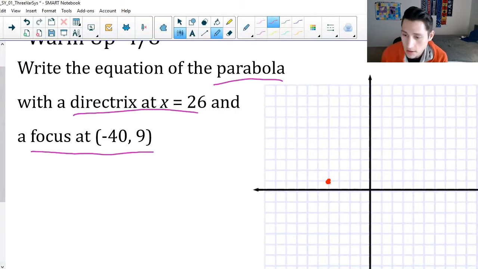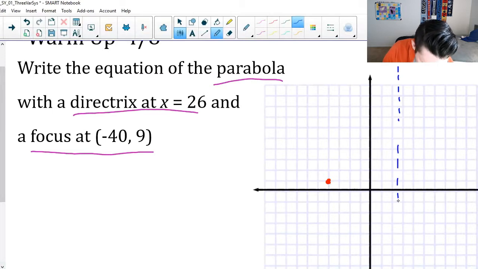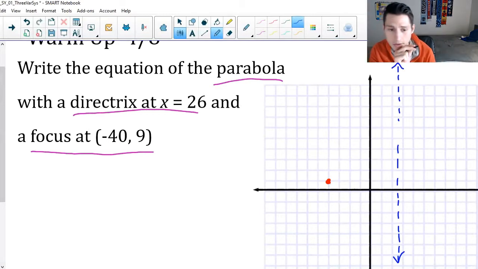And then let's say that x equals 26, so about here. All right, there's my directrix. Already just sketching this, I have a good idea about a couple things.